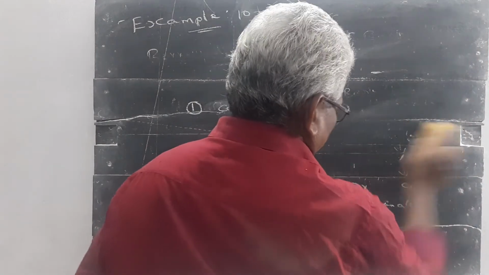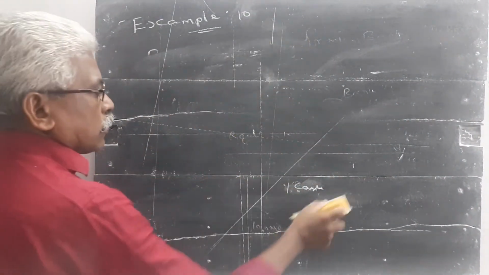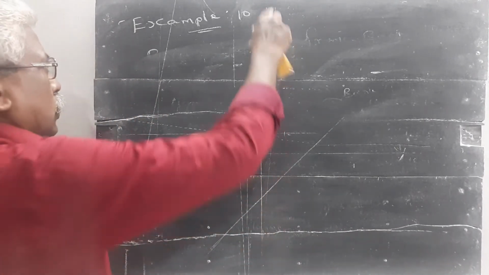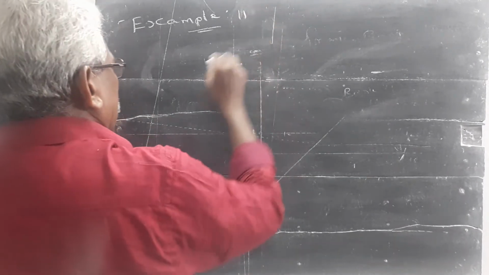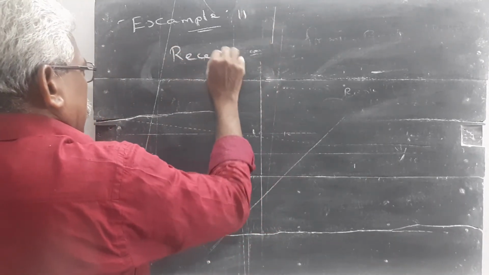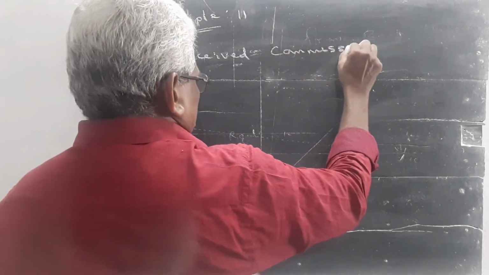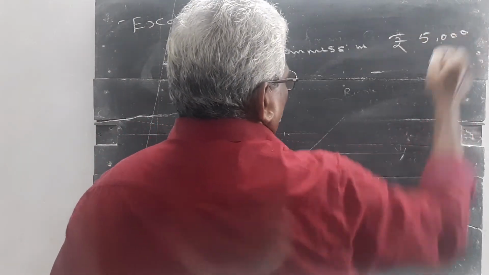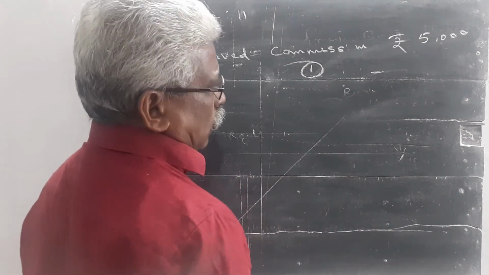Question number 11. Received commission, rupees 5,000. What are the two accounts? Number 1, commission account.